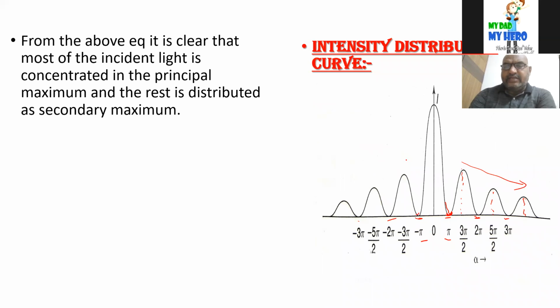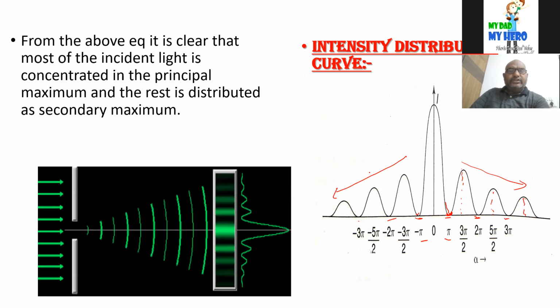Gradually it is decreasing. So from the above equation, it is clear that most of the incident light is concentrated in the principal maxima and the rest is distributed as secondary maxima. So the intensity distribution curve is as shown.